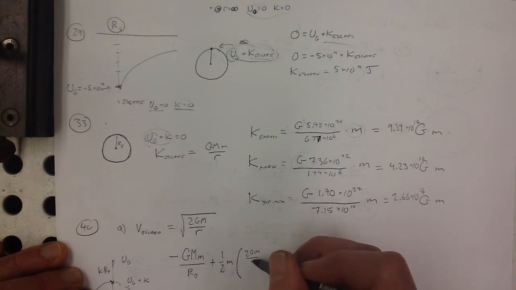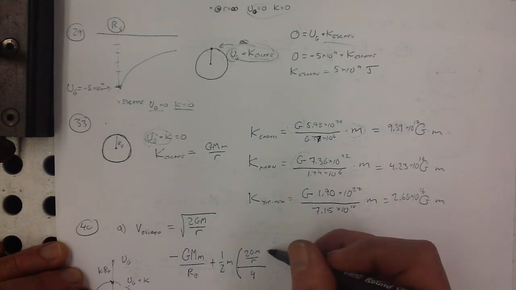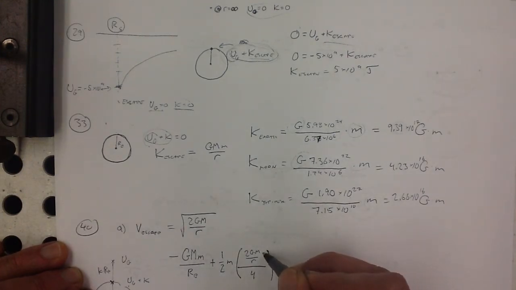I'm squaring this, remember, and then it was over 2, and I square that, that'll be a 4. So that's escape speed over 2 squared.